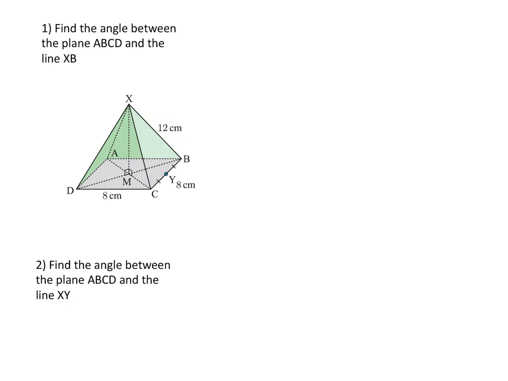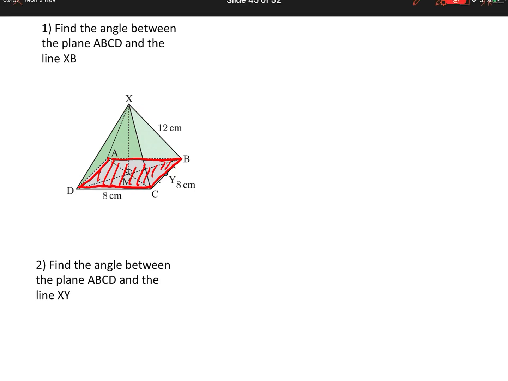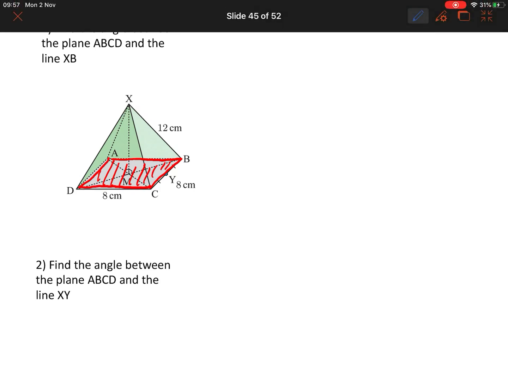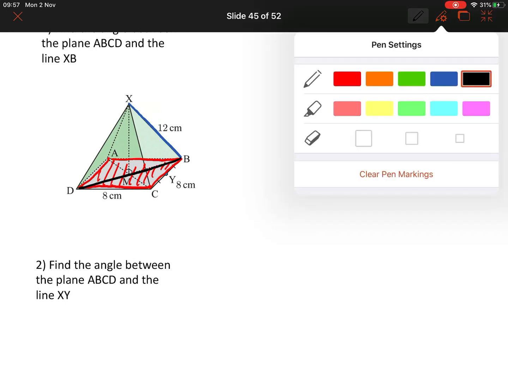So what we've got to do is find the angle between the plane ABCD and the line XB. So let's draw in my plane. That's the plane I'm being asked for, ABCD. And the line XB, there it is. Can we imagine a shadow being cast over XB onto the plane?